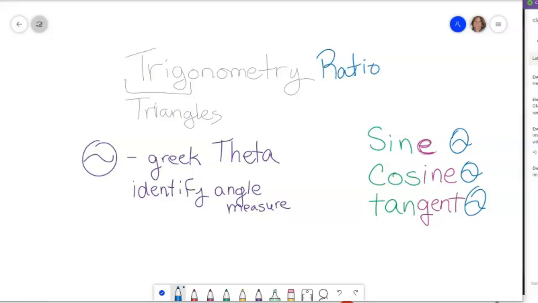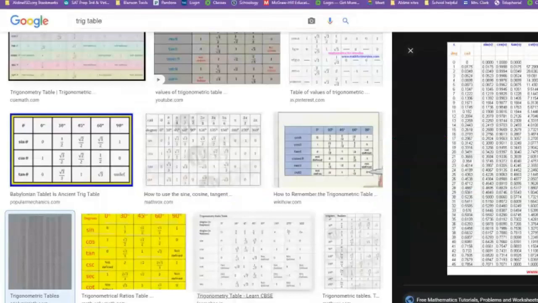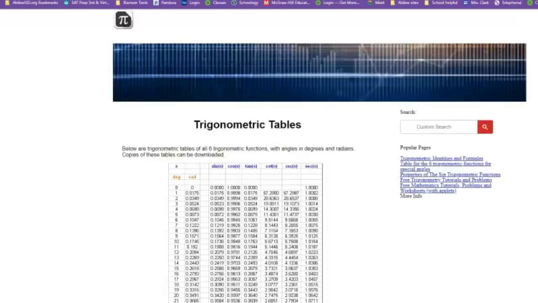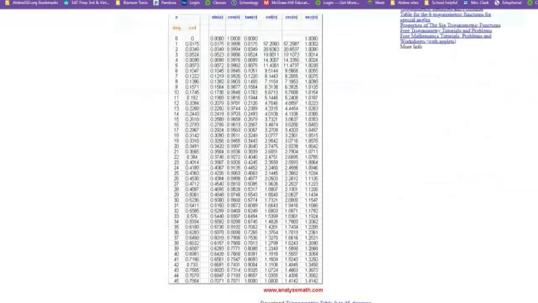Now, I keep referring to it as a ratio, and this is why. If you Google trig table, this is what I had to use when I was in school, because we didn't have a calculator that had memory chips. Silicon Valley hadn't been developed yet.